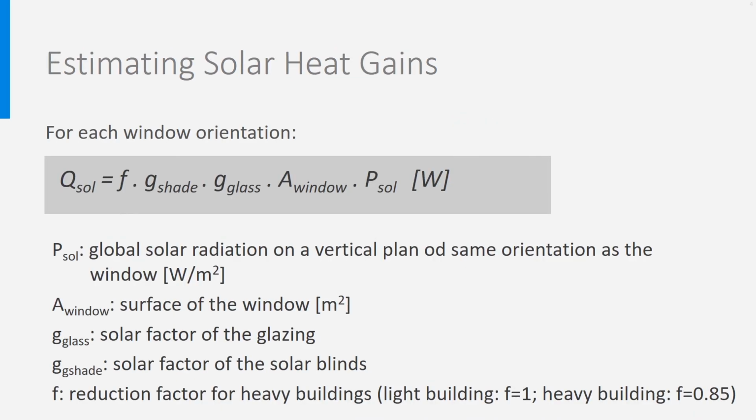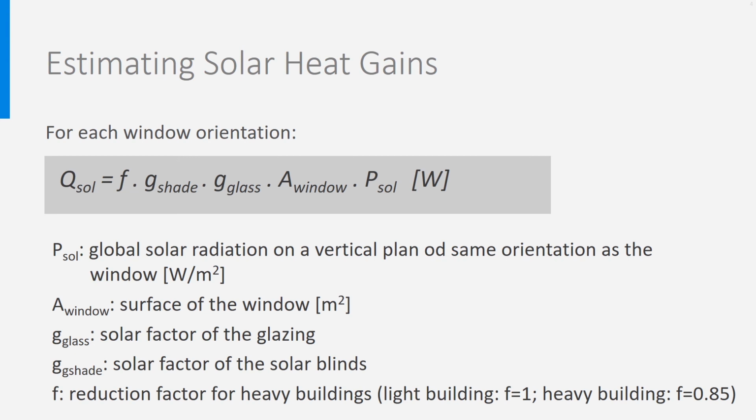Well, now that it has become clear how solar radiation works in a building, let's look at how to make estimates of it. First, I remind you we consider only the windows. If the solar radiation on a vertical plane of the same orientation as the window is P sol in watt per square meter, then the solar radiation hitting the window is the surface area of the window times P sol.